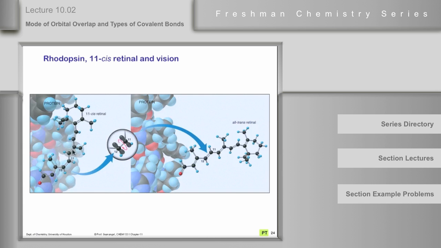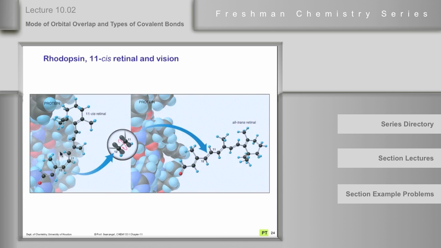The carbon chain coming out of this ring has a double bond between carbons 11 and 12, right there. So it's called 11-cis because the substituents around that double bond are on the same side. So this would be the cis isomer, like cis dichloroethylene has the chlorines on the same side, and this has the next carbon on the same side.